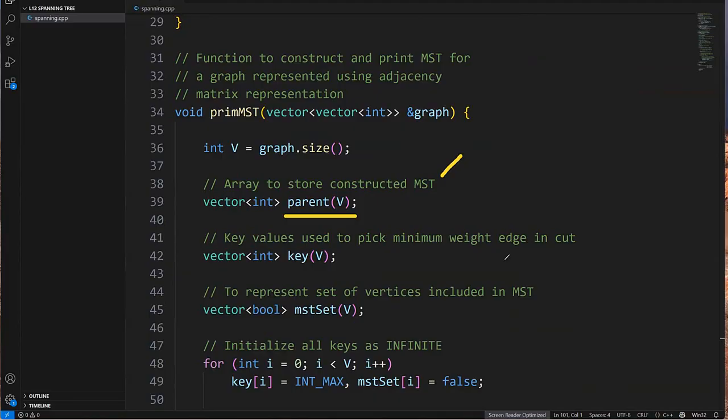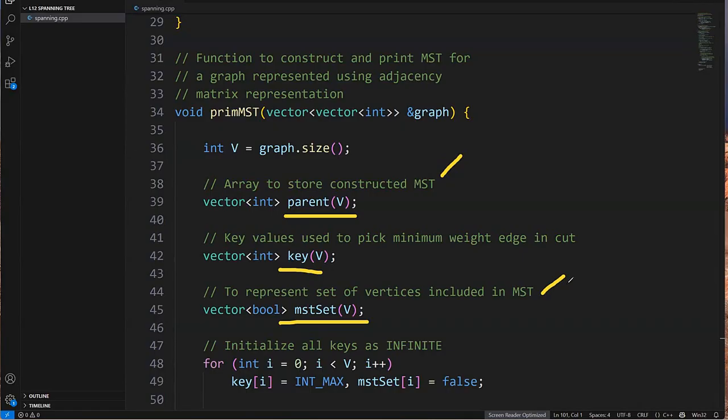So every node has a parent. And then key value is the minimum weight from the cut. And the MST set is actually included or not included. Some are true, some are false. Is that included in the minimum spanning tree or not included?